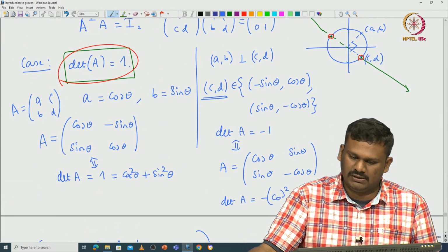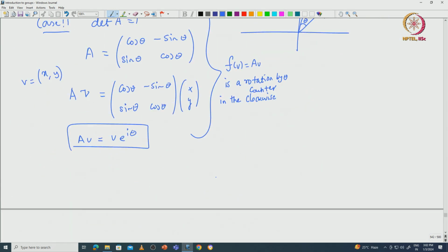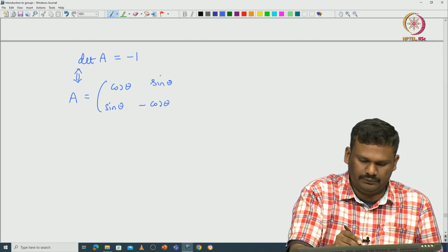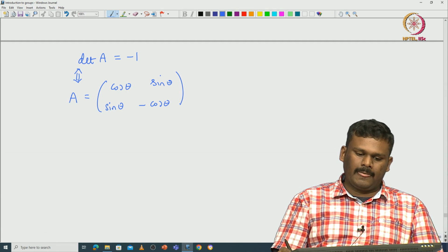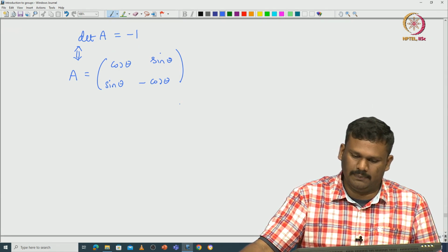Now, what happens when determinant is minus 1? So, let us look at it. When the determinant of A is minus 1, then if and only if, A looks like cos theta, sin theta and then sin theta minus cos theta. Okay. So, let me draw a picture.